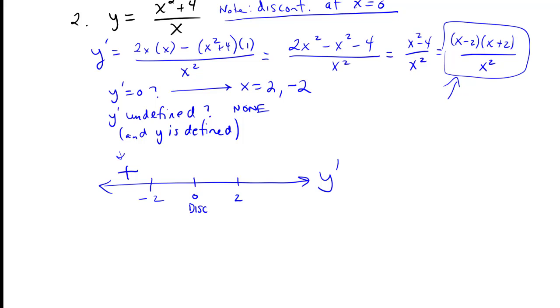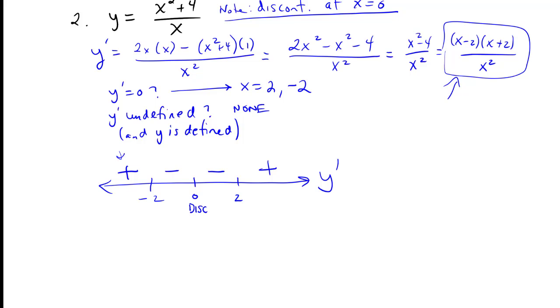If I put -1 in, I'll get negative times positive, so I'll get negative. If I put 1 in, I'll get negative times positive, I'll get an overall negative. If I put 3 in, again, I'm just picking numbers from these intervals, I'll get positive, positive, I'll get overall positive.